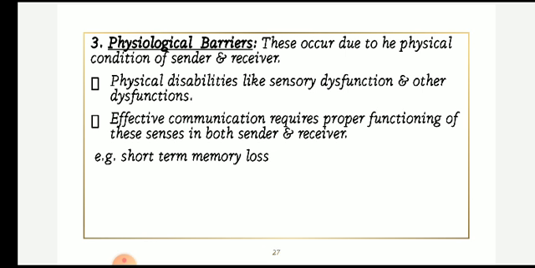The reasons behind psychological barrier we have covered: the lack of attention, poor retention, different emotions, premature evaluation, closed mind and filtering, and not trusting any person, that is distrust and defensiveness. These were different reasons behind the psychological barrier which forms in the mind of either sender or receiver.